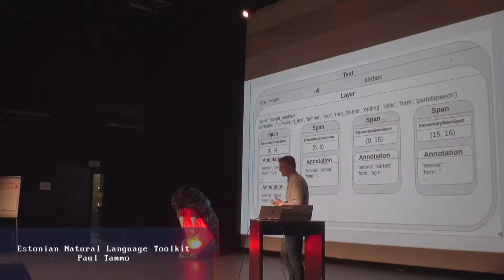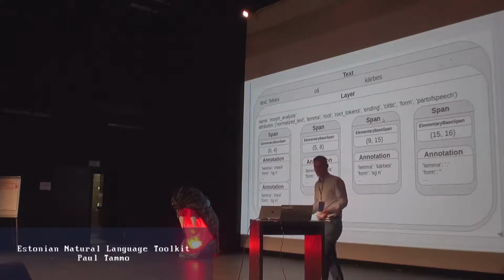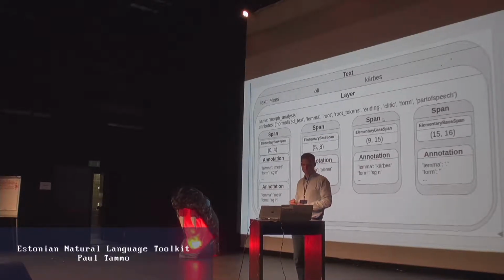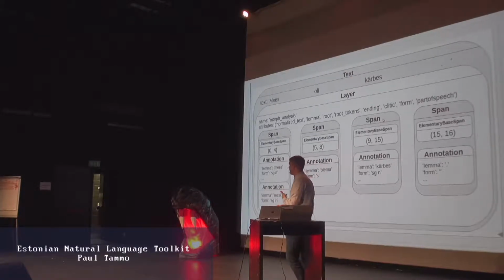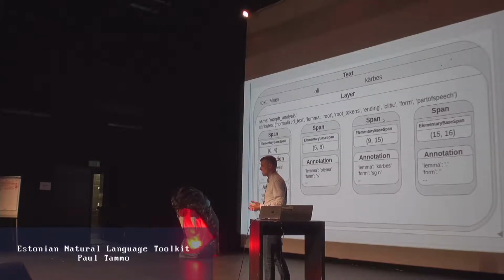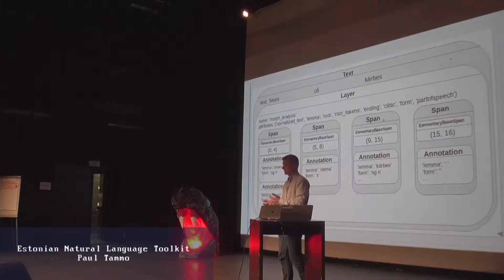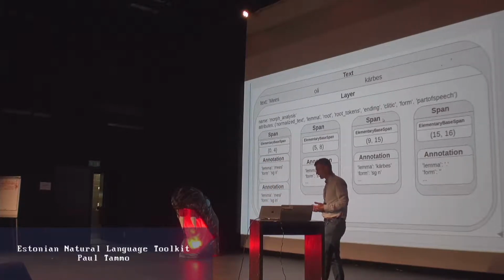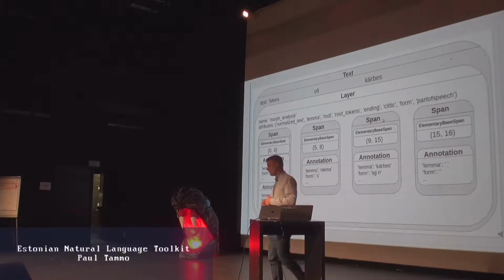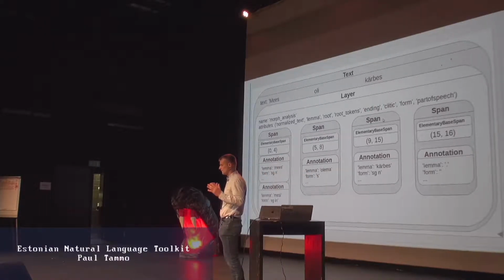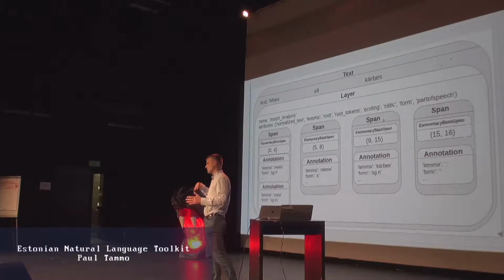A layer again is a class which contains, it knows its name, it knows its attributes, and it knows its spans. So a simple way of thinking of layer is a list of spans, and at the same time it is a dictionary of spans.